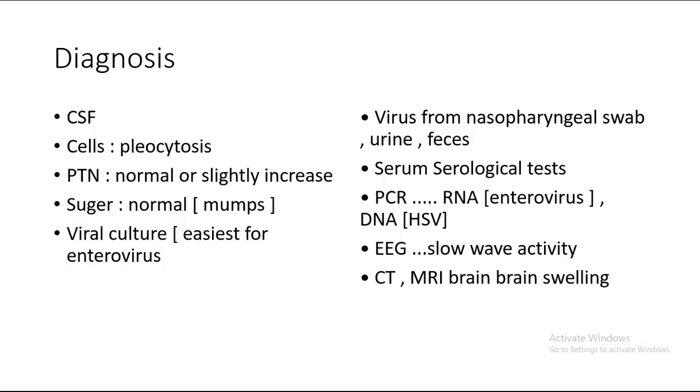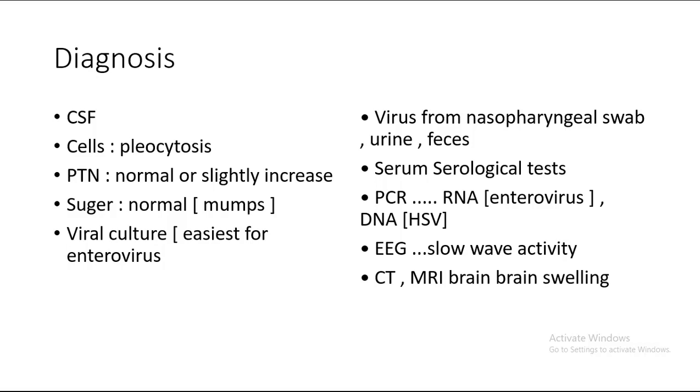Sugar is normal, except in 20% of cases of mumps meningoencephalitis. Sugar can be reduced, and the reduction of sugar in the CSF is called hypoglycorrhachia. Viral culture is the easiest to be done for the enteroviruses. Also, we can capture the virus from the nasopharyngeal swab, urine, or feces.